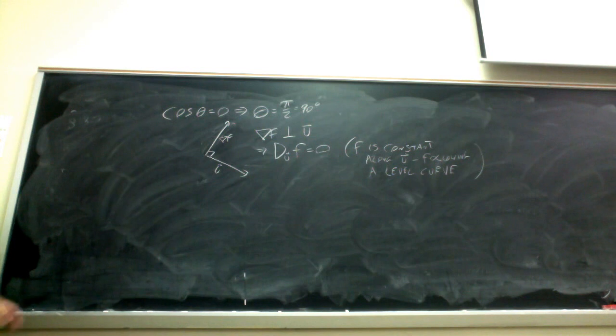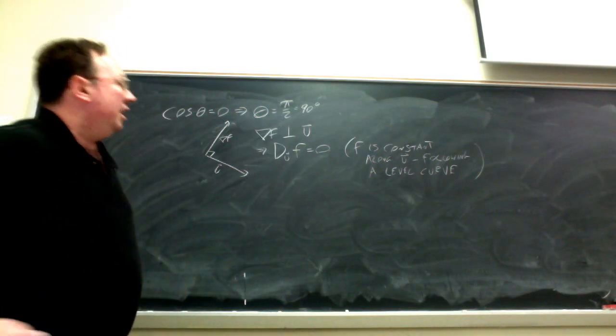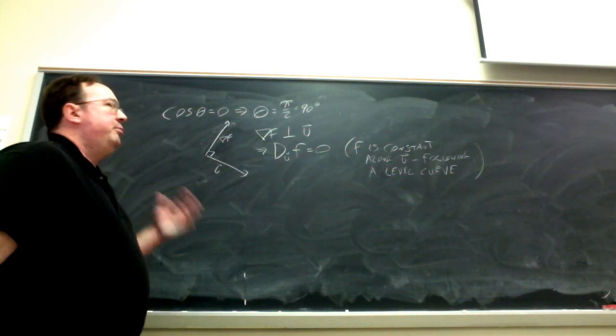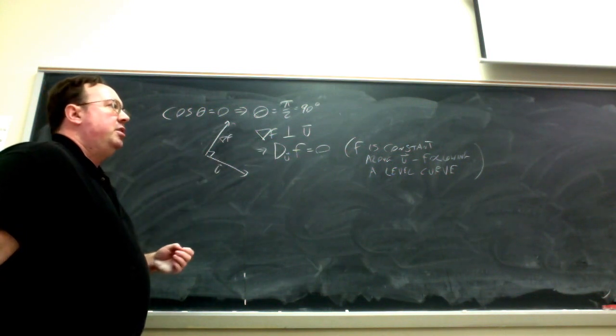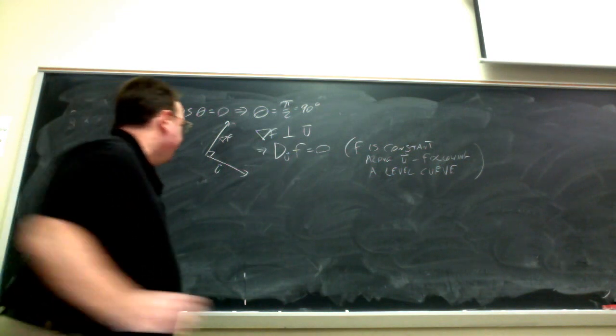All right. So where the directional derivative is 0 is important because of the importance of level sets, or level curves, level surfaces, etc. Now, unlike the other two cases, there's no simple formula for u except in 2 dimensions.